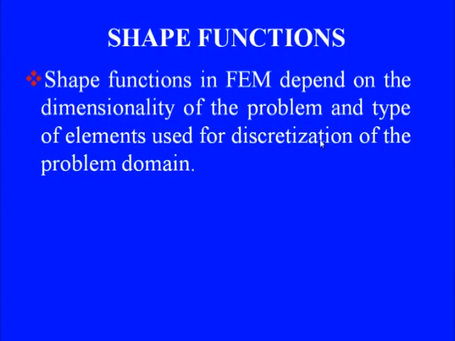They will also depend on the type of elements used for discretization, whether our elements permit quadratic variation, linear variation and so on, or say, in solid mechanics, whether we want to use a plate element or a shell element and so on. So, the type of element we have used also dictates the form of our shape function. Now, the shape functions must satisfy certain continuity requirements.